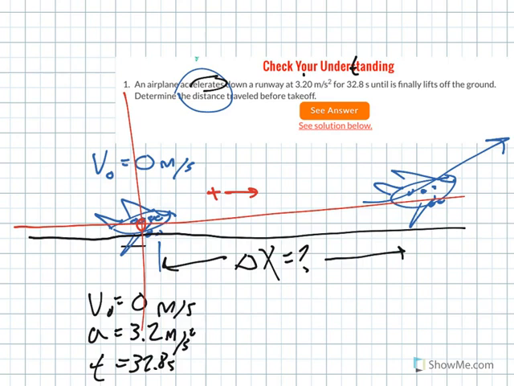Now I need to decide which of those 4 equations I could use. The equation has got to contain these 3 variables and also the variable I'm looking for. So again, this amounts to solving for the unknown. It's an algebra thing. And there is an equation out of those 4 that does that.